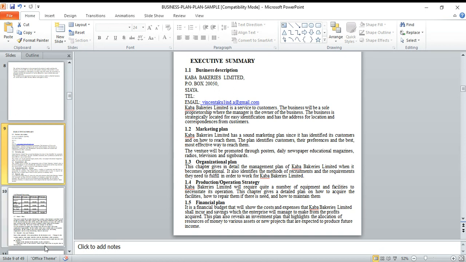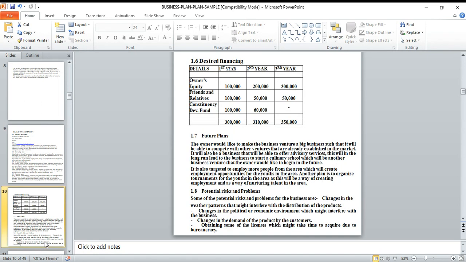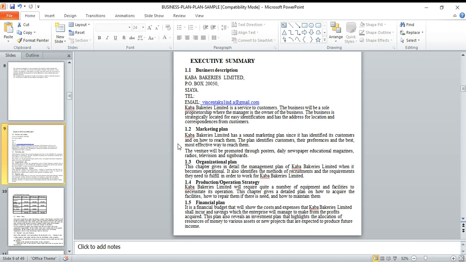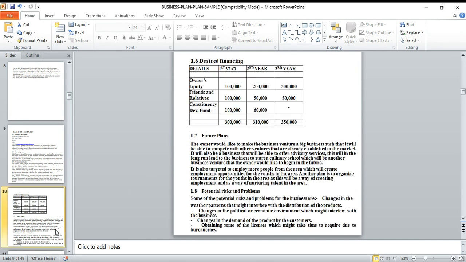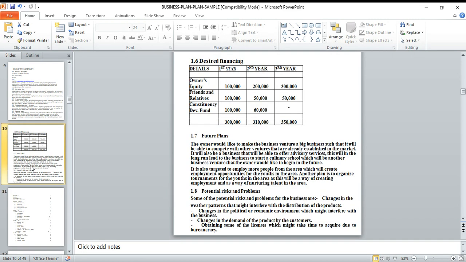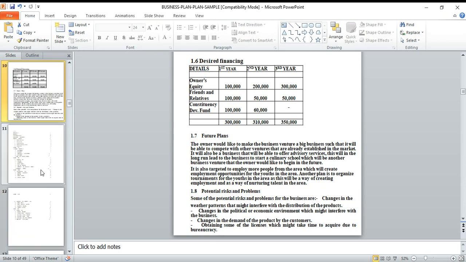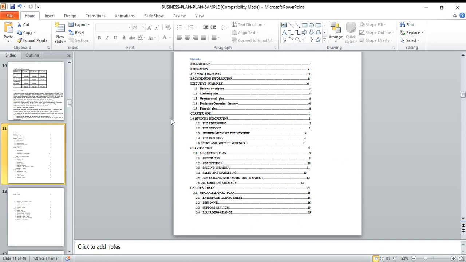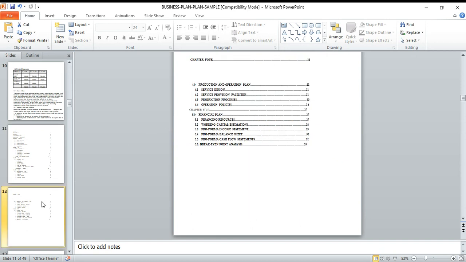So it summarizes everything, after you have written this. So under preliminary, we still have the table of contents.